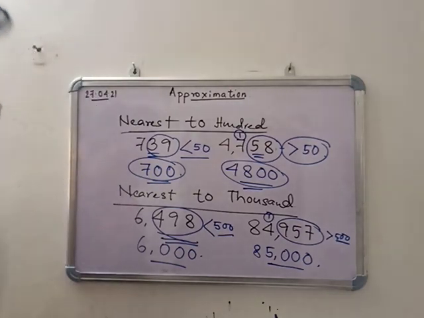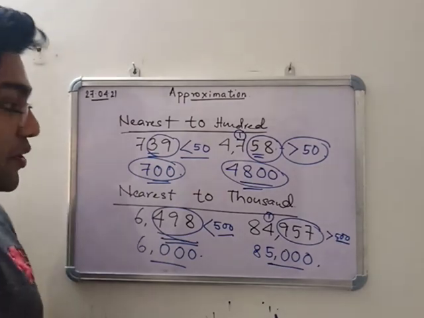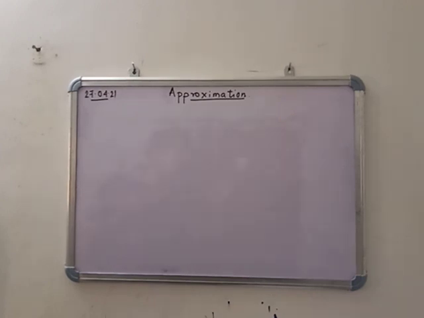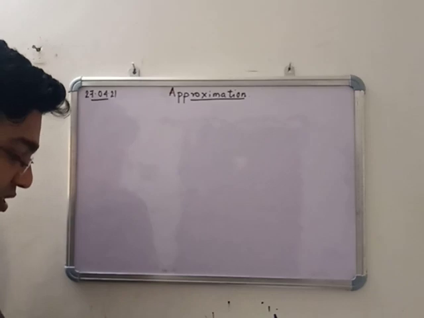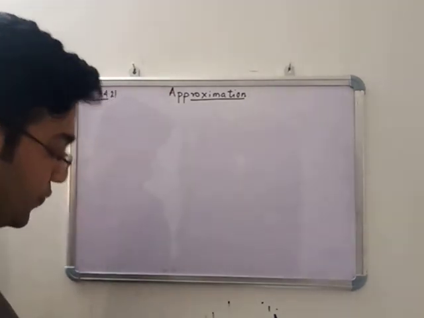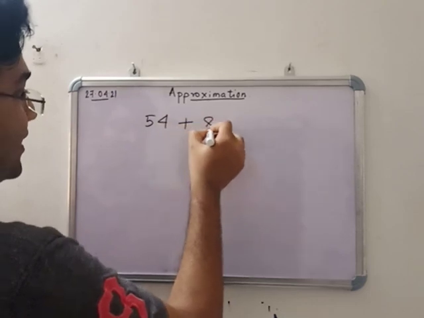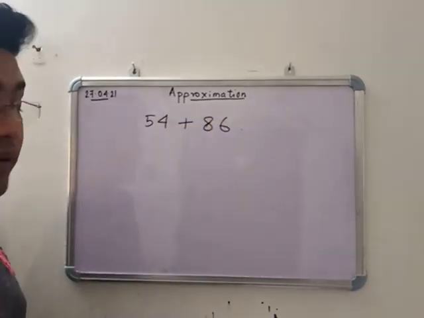Now we are going to the approximation. What is approximation? Suppose the question given is: approximate the sum of 54 plus 86 to the nearest 10.